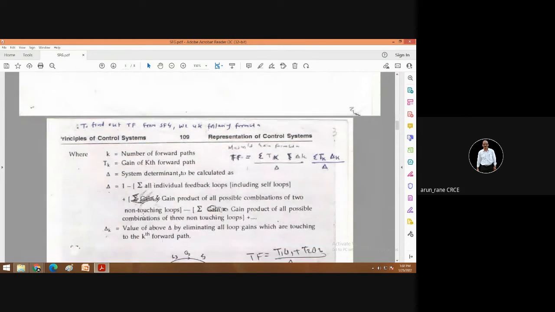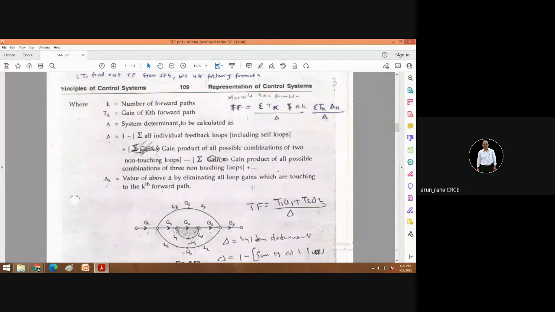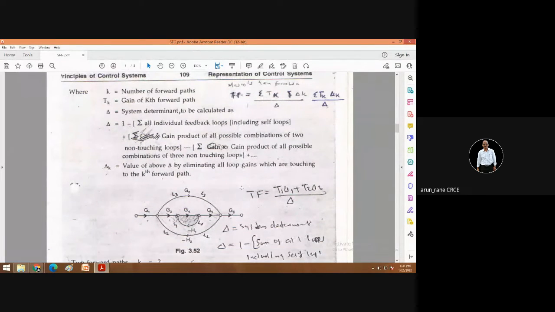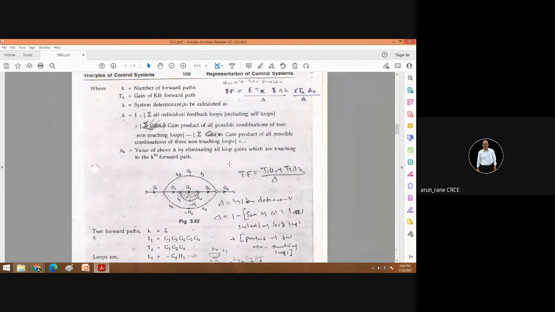Okay. Now there is something called Mason's gain formula, which is used to find out the transfer function. So this is the transfer function, and it is given by this relation.